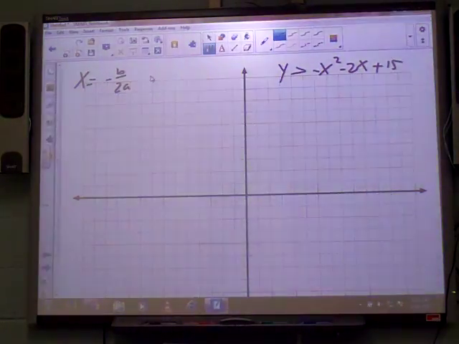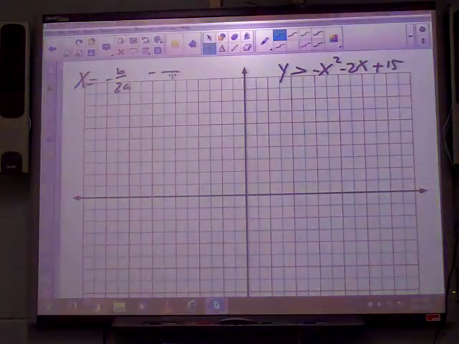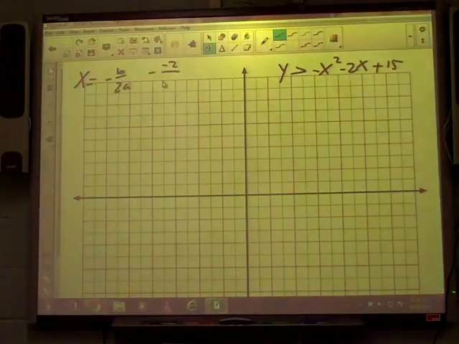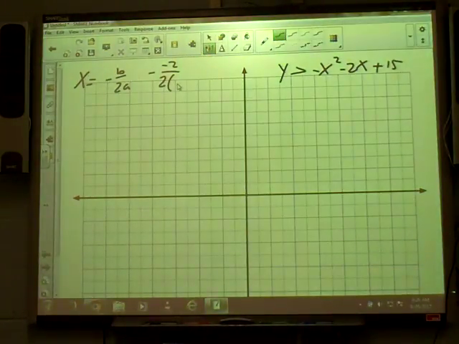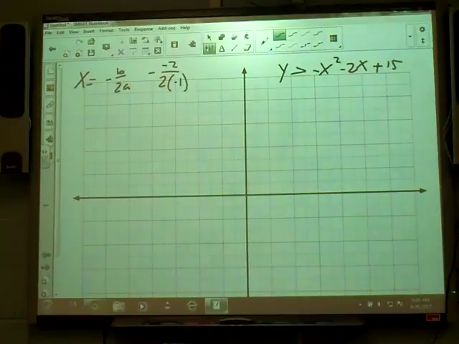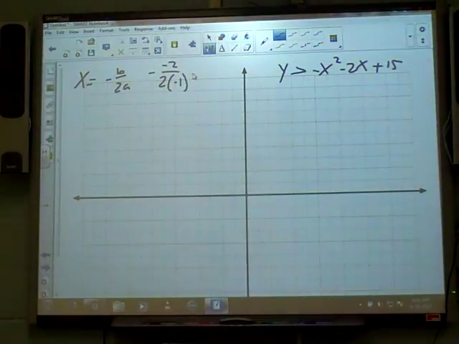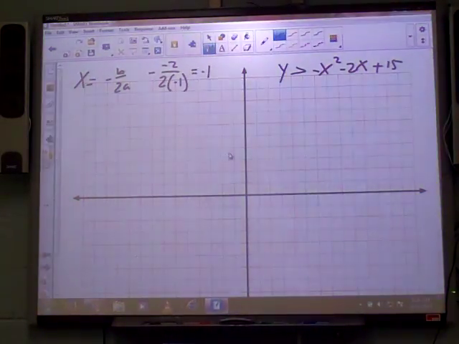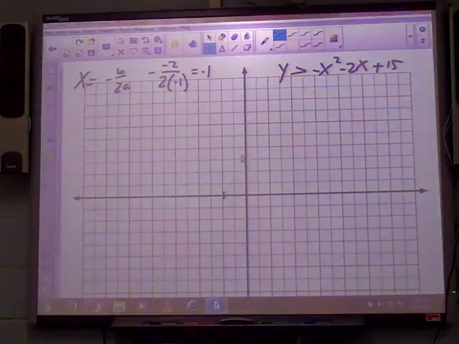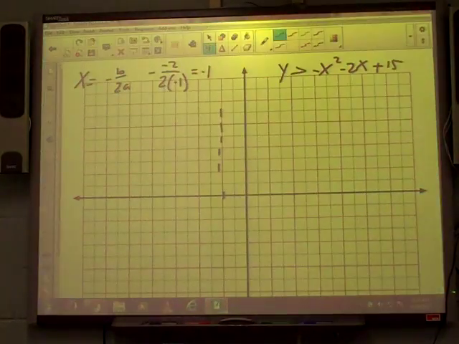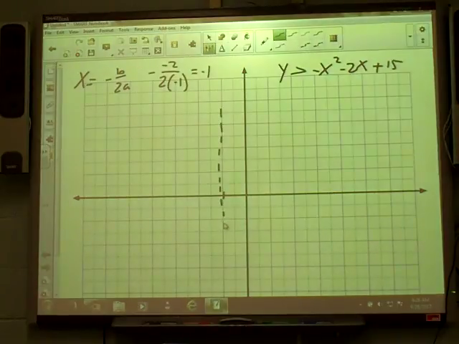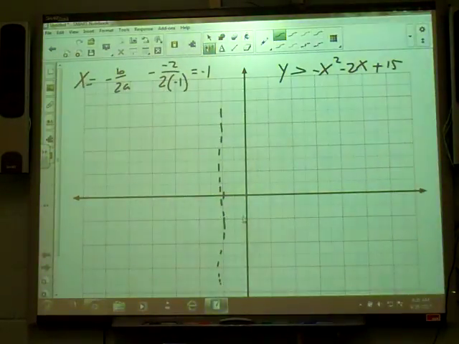So what's my b? -2. -2 over 2 times, what's my a? Okay, so that's the same, isn't it? My axis of symmetry is again -1. Now once we get that, we plug that into our equation to find our min or our max.